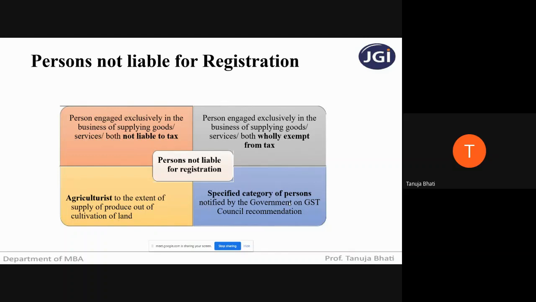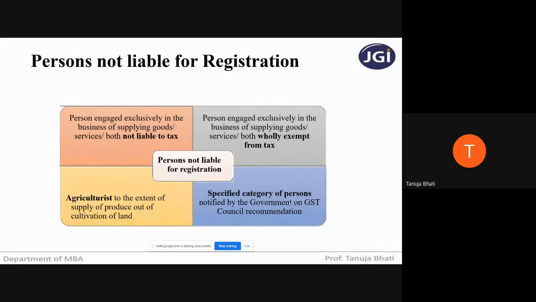Suppose I'm making an interstate supply of taxable services, and the value is not exceeding 20 lakhs, then I am not liable for registration.